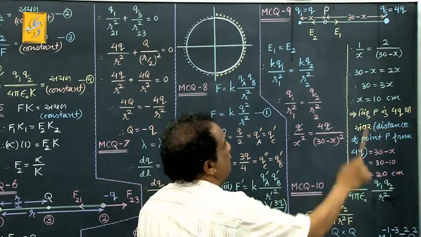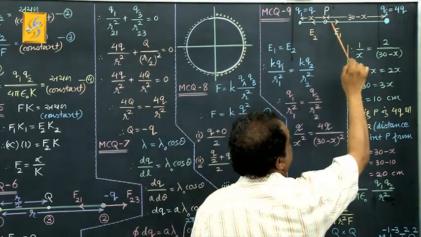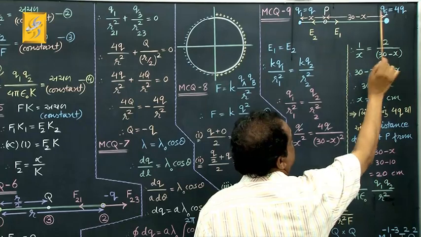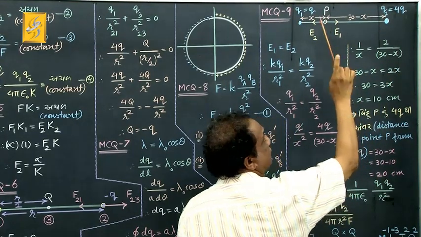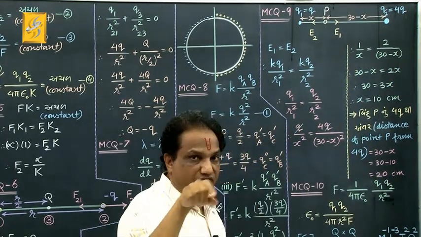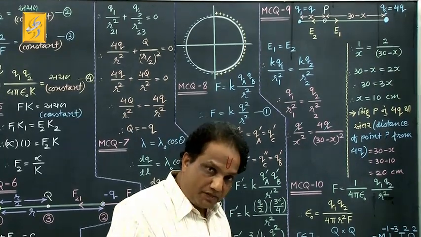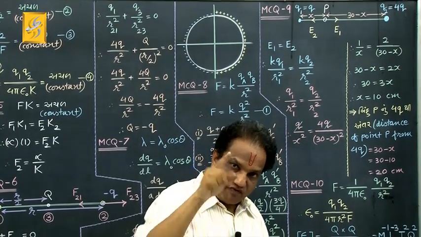We are asked, along the line segment joining their positions, at which point should we get the resultant electric field to be 0. That point, that position we have to find out.